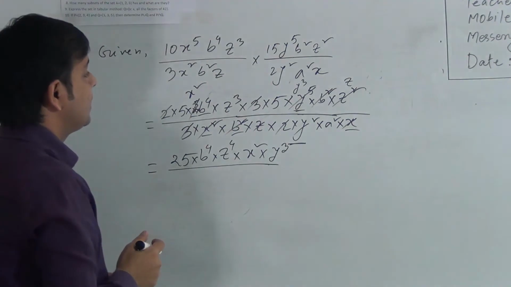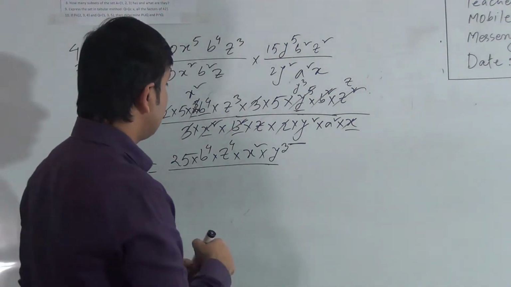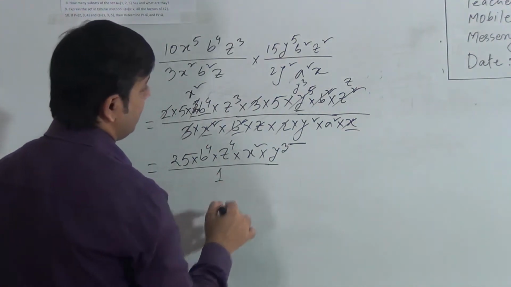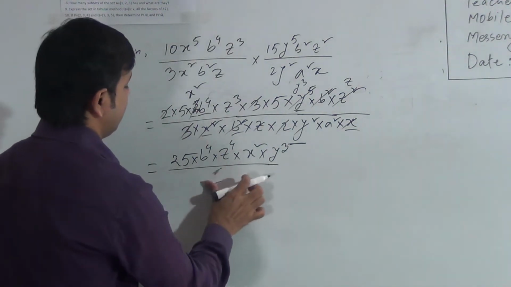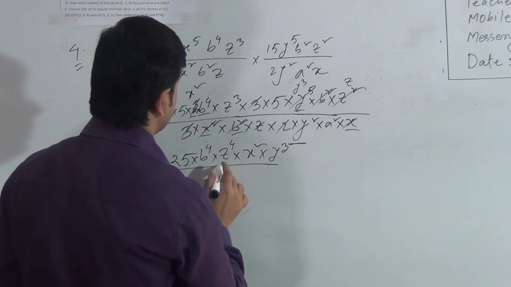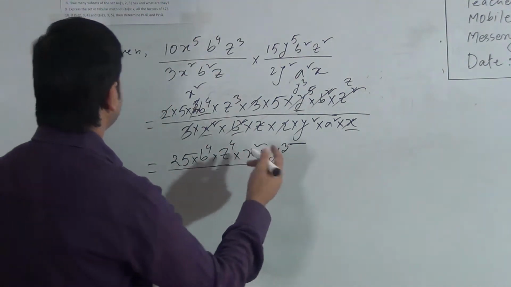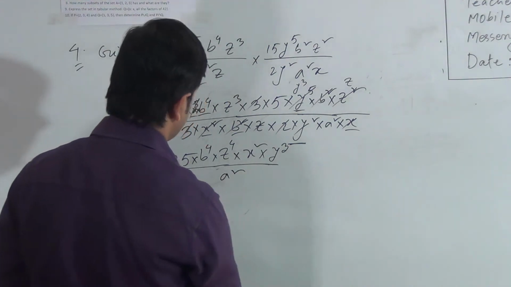From the denominator, an a square remains here. No a square in the numerator, so we can write only a square.